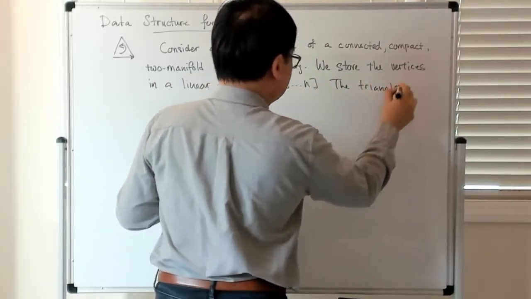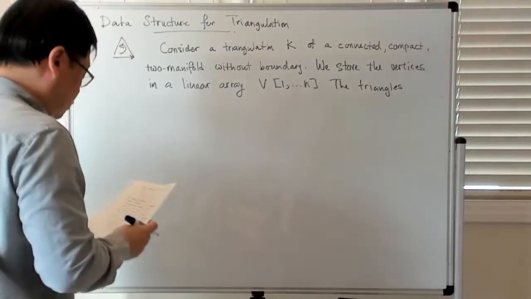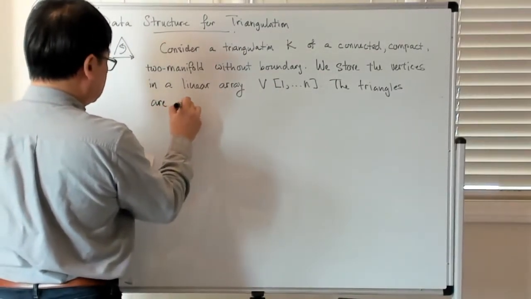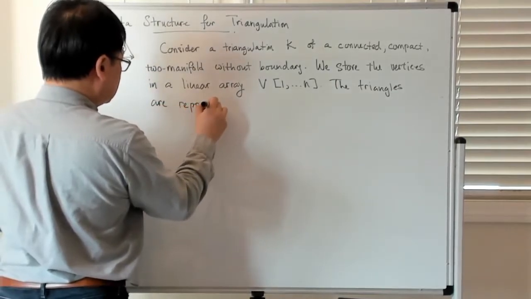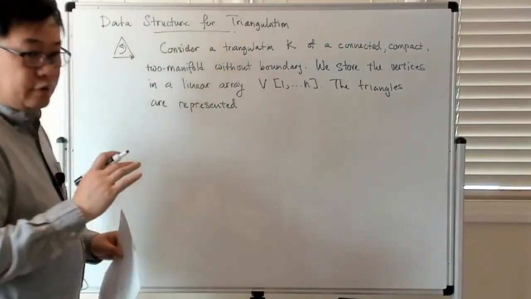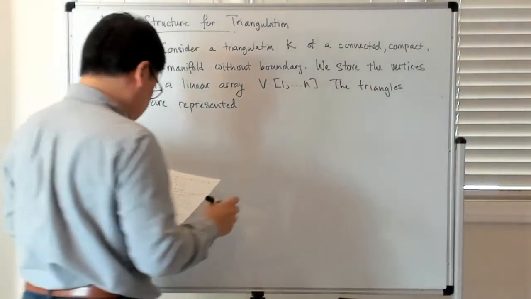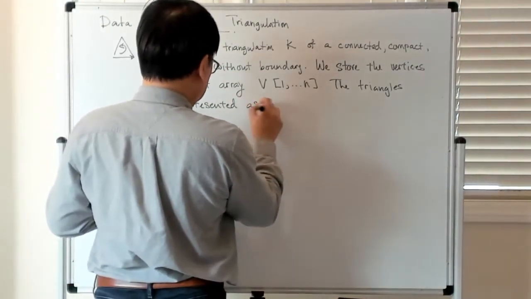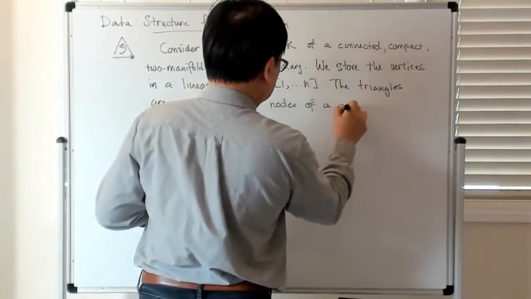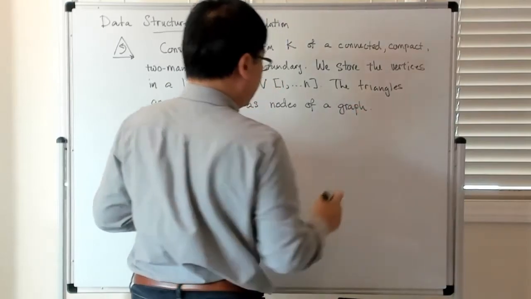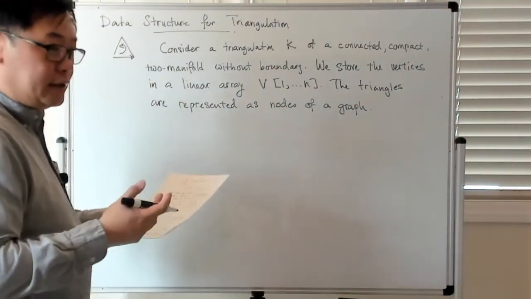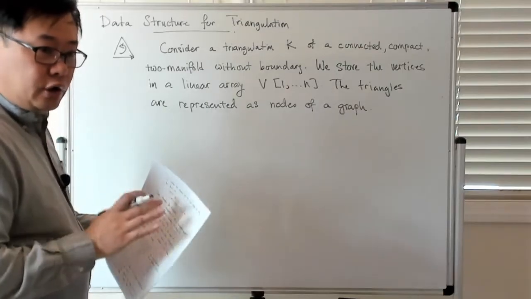Then the triangles are going to be represented as a graph, if you will. Well, technically the triangles are represented as nodes in the graph. And then, as you might expect, two nodes in the graph are connected if the corresponding triangles share a common face.